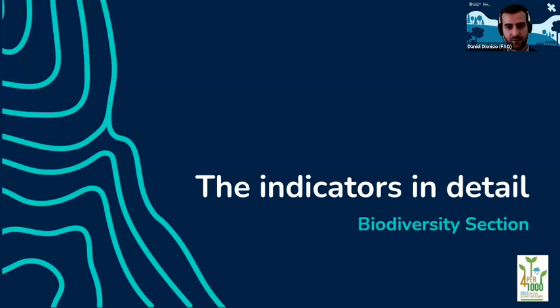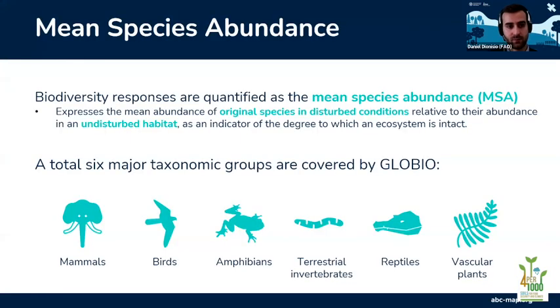Then on the biodiversity section, we have a mean species abundance indicator that shows how intact the ecosystem is compared to the original habitat. It ranges from 0, when all the biodiversity in the habitat is lost, to 1 when it's intact.